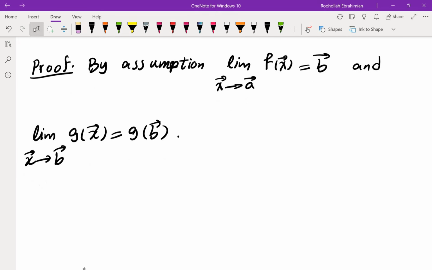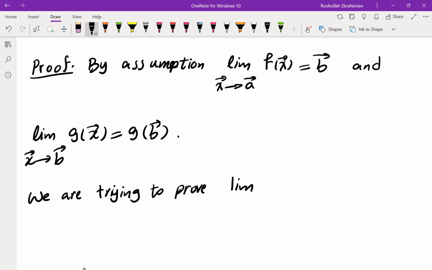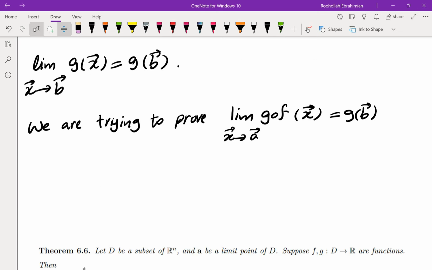Now, what are we trying to prove? We are trying to prove that when I take the composition of these two, the limit of the composition of g and f as x approaches a, I end up with g of b. So I want to show that. Let's write down the definition and see what we need to show.